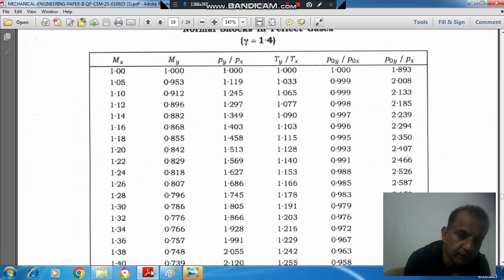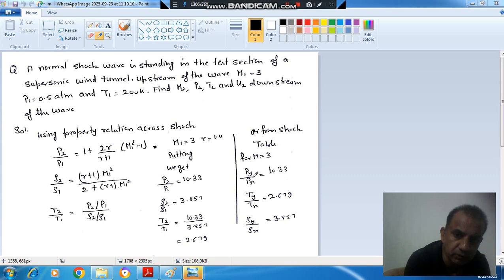So we can see these two in the shock table. So pressure ratio py by px 10.33 and Ty by Tx 2.679, and using that formula we can find out density. So that is 3.857.